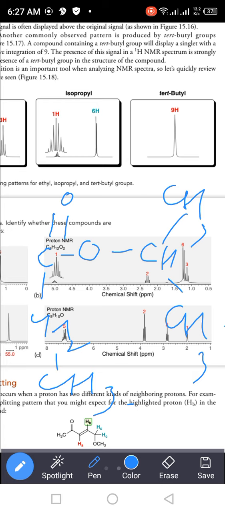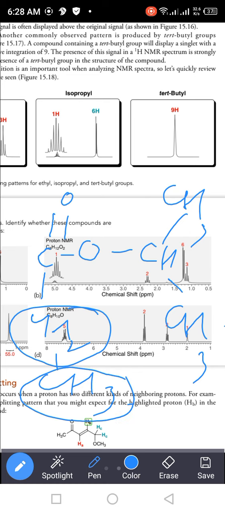Now look at the two proton integration value at 2.2. Whenever a two proton CH2 group is attached with carbonyl, the chemical shift value will definitely be almost 2.23. And similarly, the three proton integration value is about 1, this shows this diagram.